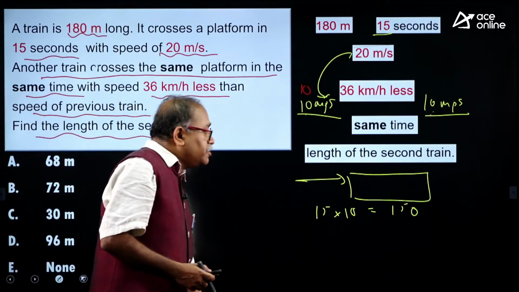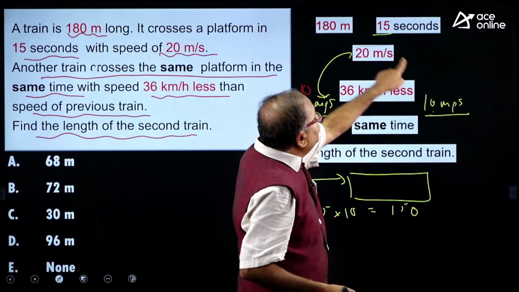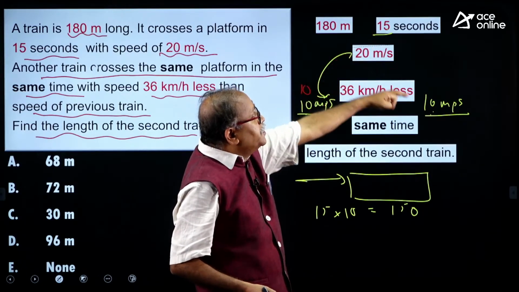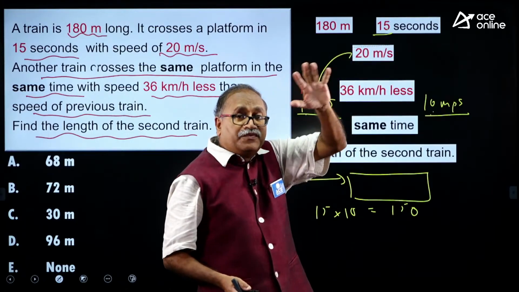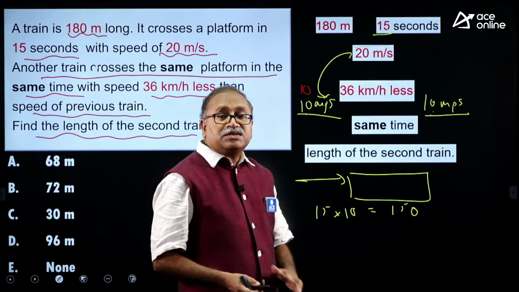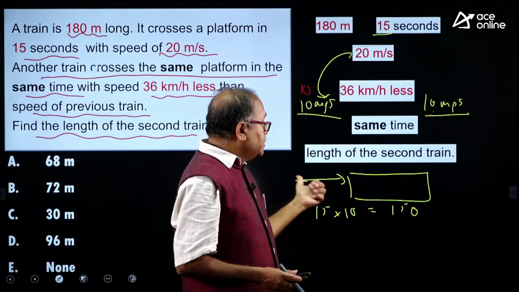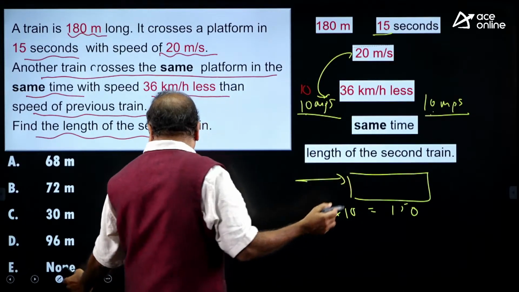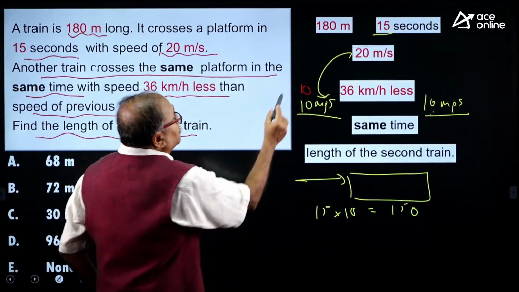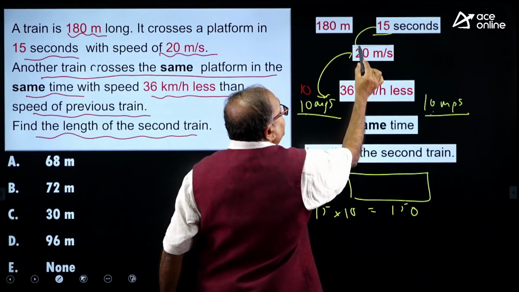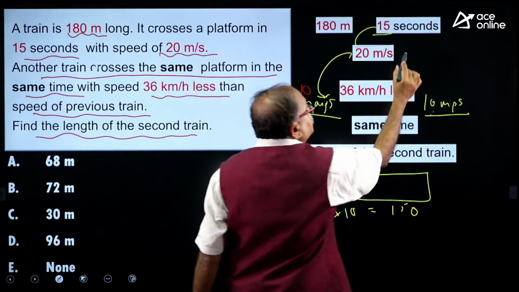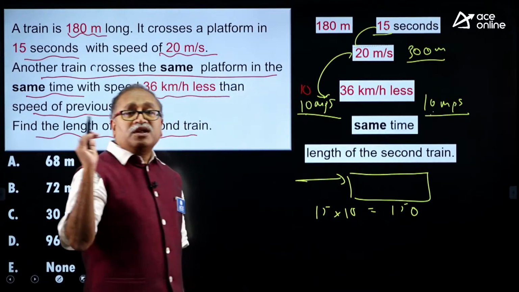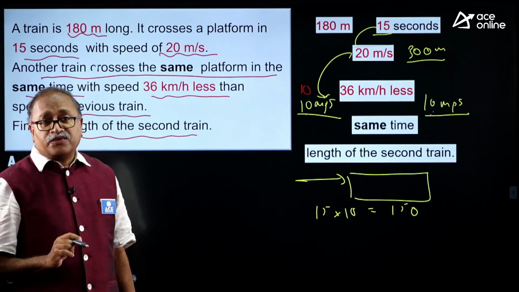So, we already know speed into time, that is speed is 10 meter per second and the time is 15 seconds. So, the total distance is 150, that is the second train. Now, we know the platform length. How do I get the platform length? Look at this one, that is 15 into 20 and that comes 300 meter, the total distance covered by the train to cross the platform.